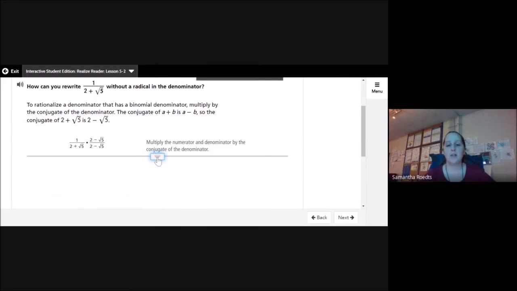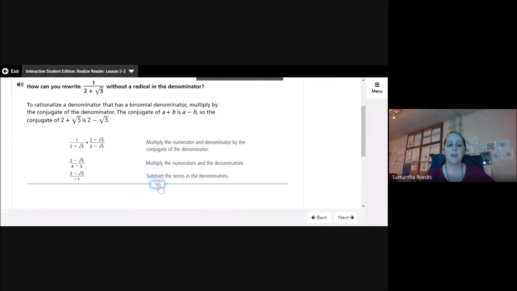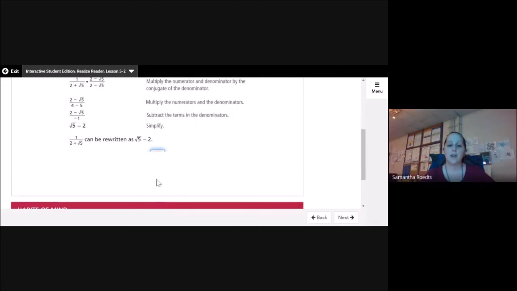Multiplying the numerator and denominator by the conjugate gives me 2 minus the square root of 5 over 4 minus 5, which is 2 minus the square root of 5 over negative 1, which is the square root of 5 minus 2. I can rewrite it as the square root of 5 minus 2.